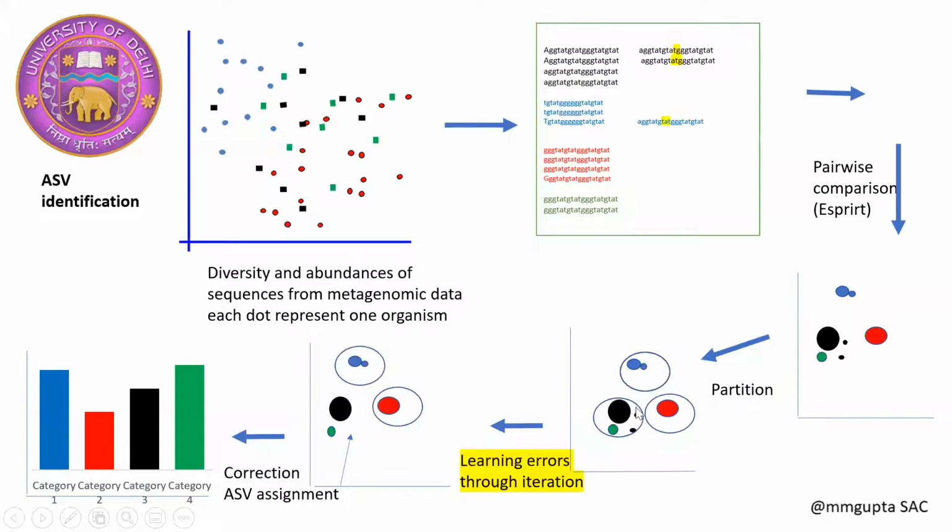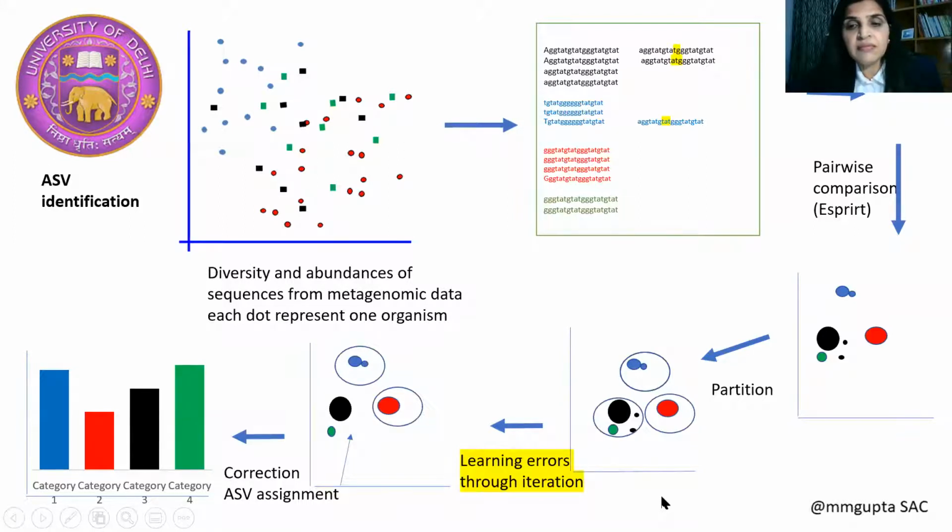The algorithm will keep reiterating, and only if an error is found several times will it be assumed to be an error. So while deciding the correct consensus sequence, it identifies the errors based on learning through iteration. After the correction, we could correctly know that we have four types of organisms present in this community.